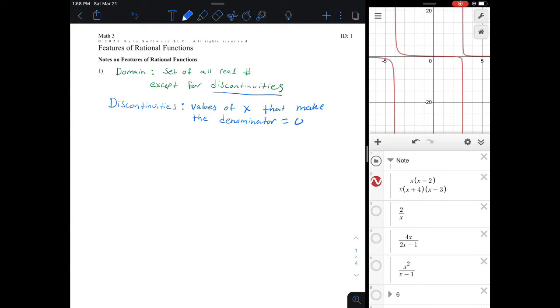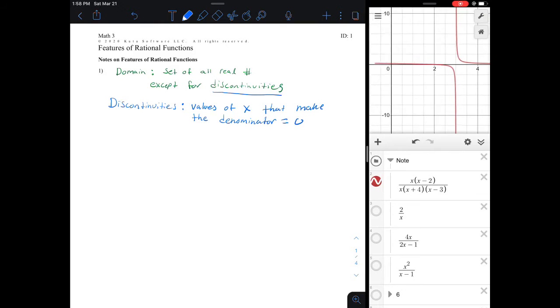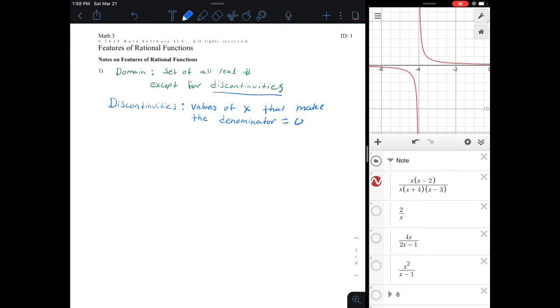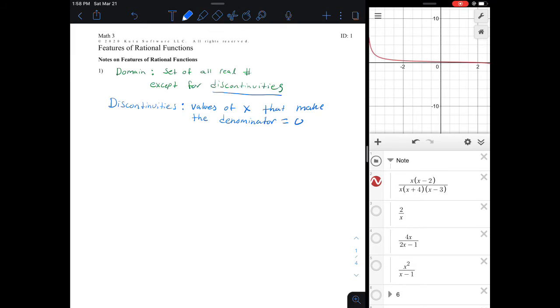So any value of x that makes the denominator equal to 0 is going to be a discontinuity. If I'm looking at my equation, there should be 3 discontinuities. I see the vertical asymptote and the break at 3, and I see the vertical asymptote and the break at -4, but at x equals 0, I don't see a break there like I did on the other ones.